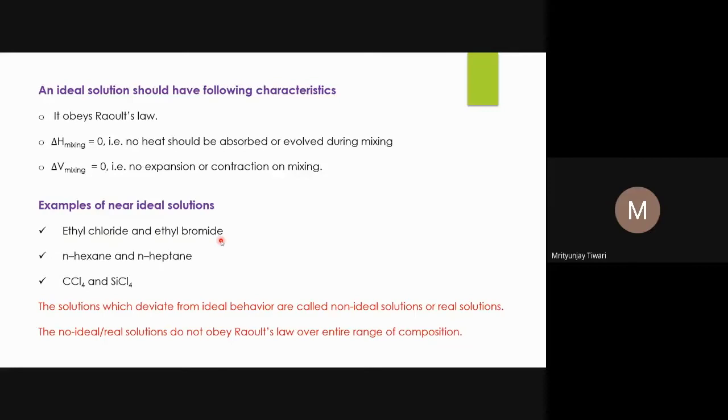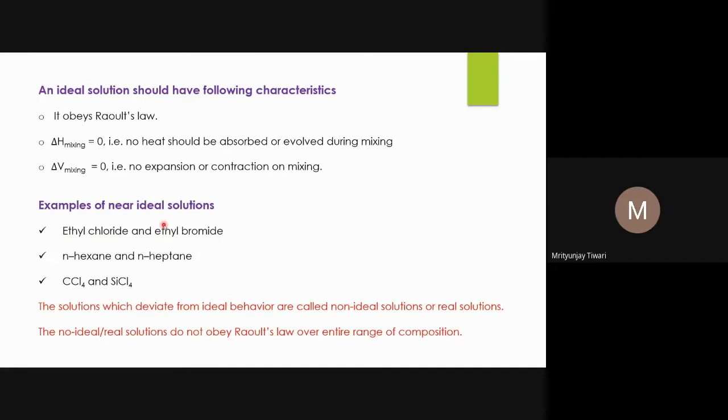The interaction between two molecules depends on the shape of the molecule, the size of the molecule, the length of the chain, everything: how these different molecules are interacting in different possible ways, and what those different kinds of interactions are that we have seen earlier. So ethyl chloride and ethyl bromide form an ideal solution or near ideal solution.